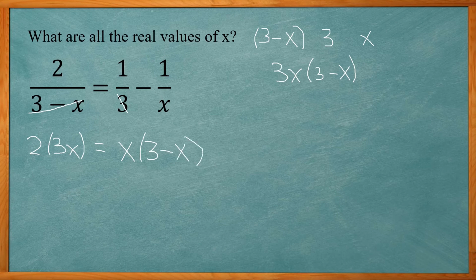And if I multiply the 3x times 3 minus x times the 1 here, the x will cancel out, leaving you with just the 3 times 3 minus x.